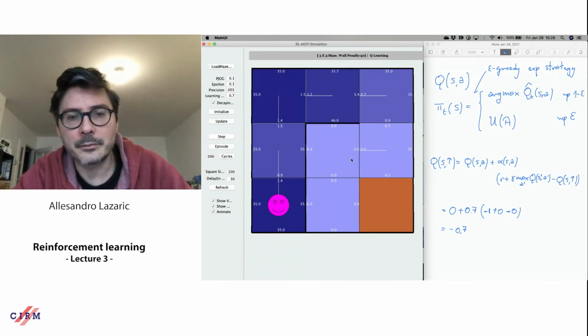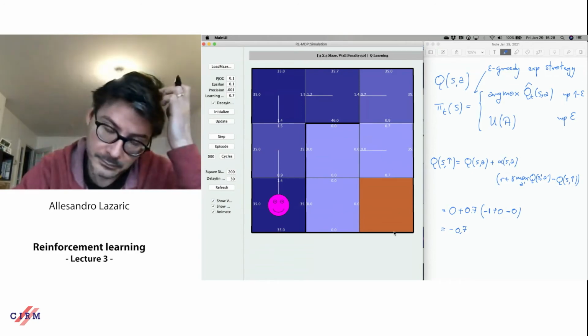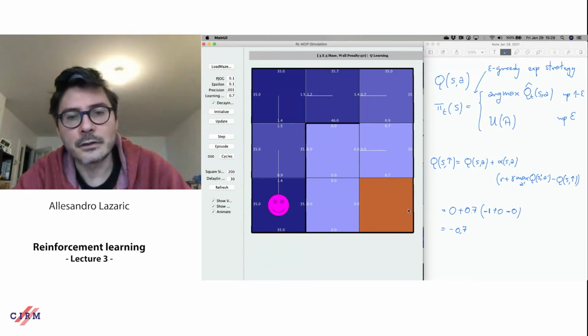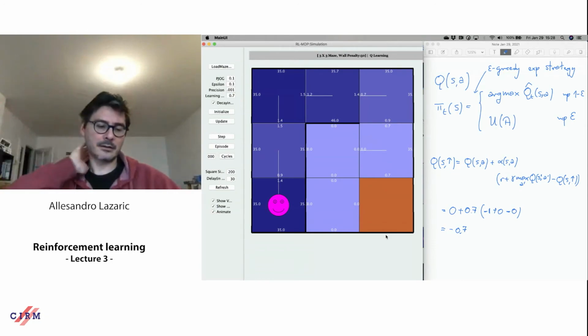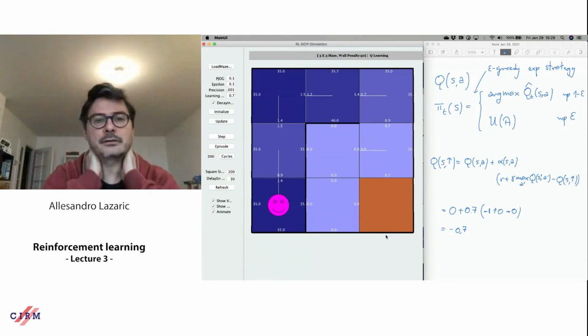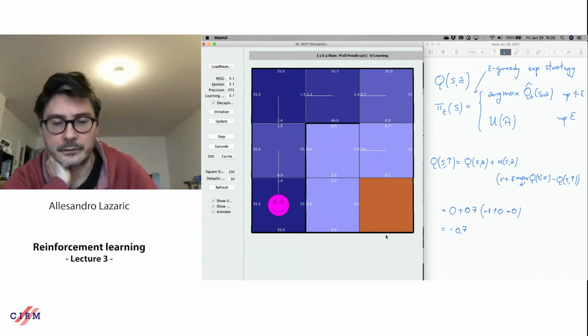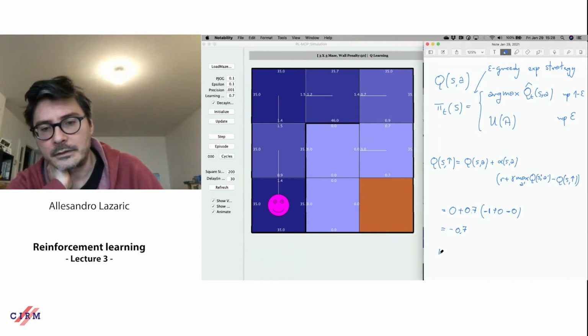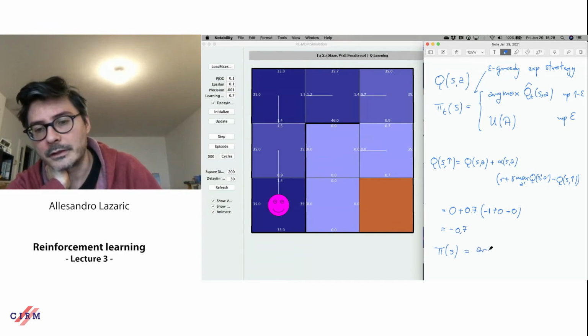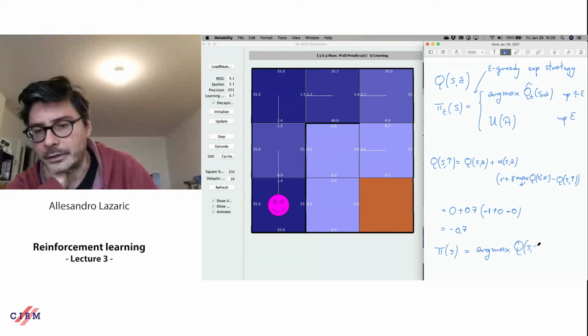And so an episode terminates when, by luck, it reaches the goal. And imagine that I just have this single trajectory and I have to return a policy. As we said, the policy that Q-learning returns is just the greedy policy with respect to the function that I learned so far.